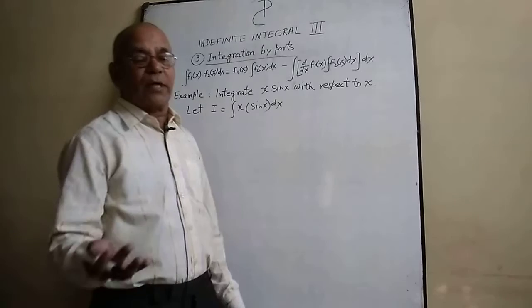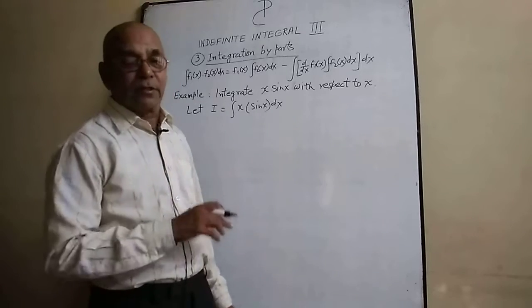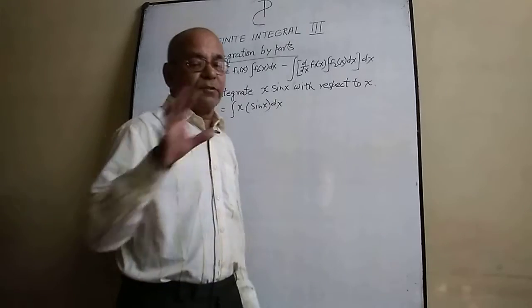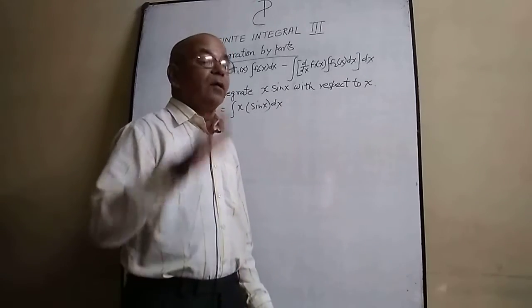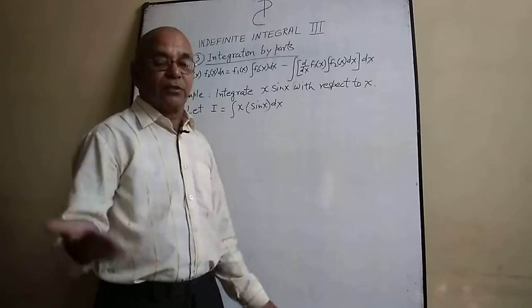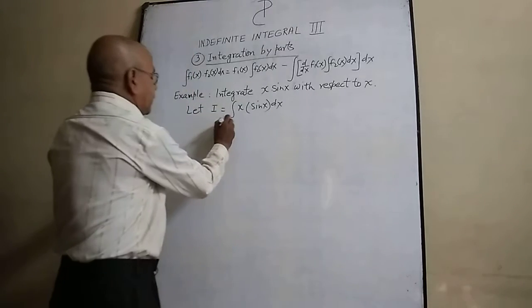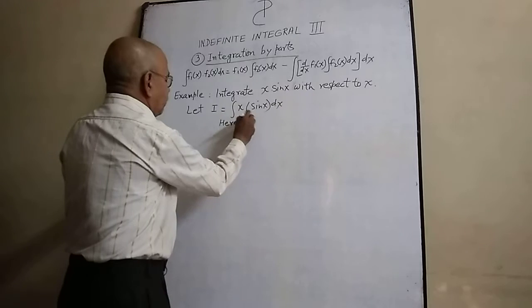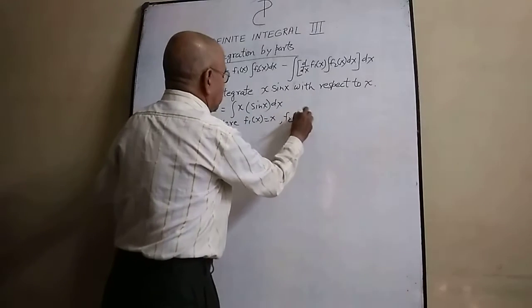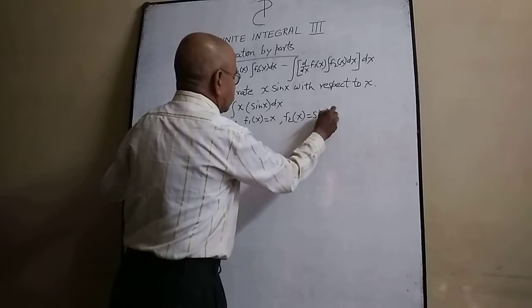We just convert sin x into cos x and cos x into sin x. So the best way is to select the differentiation in such a way that our process stops and we get the required answer. For this I take f1(x) equal to x and f2(x) equal to sin x.